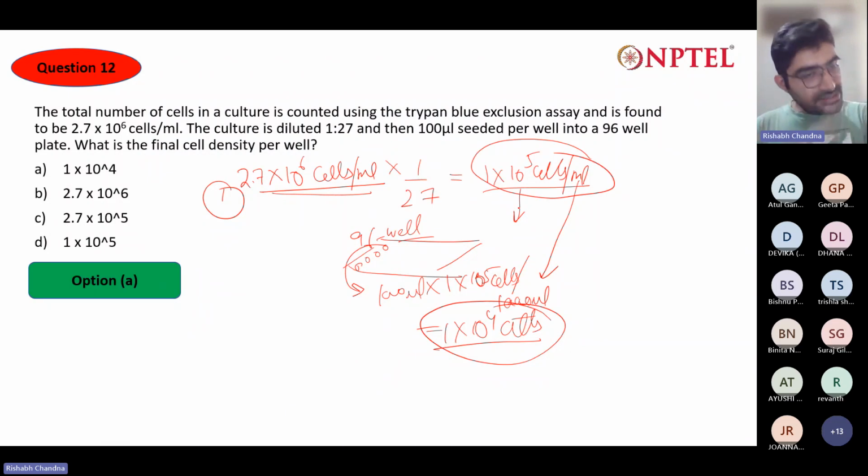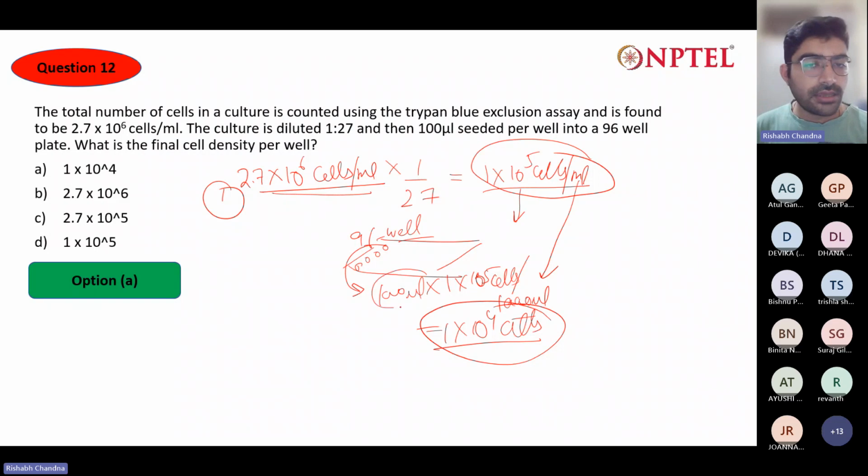From this diluted mixture, you add a particular amount to a 96 well plate. You added 100 microliters of this suspension to every well. Now you have to calculate the number of cells present in each well. So how will you calculate that?